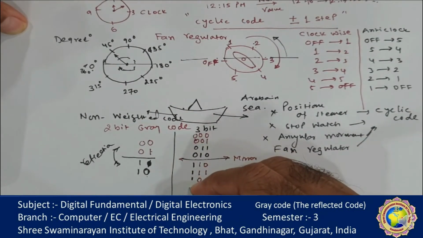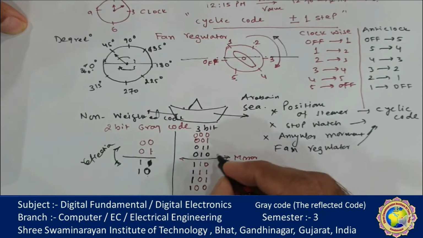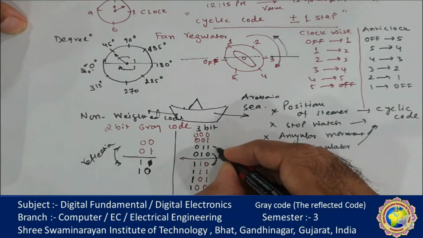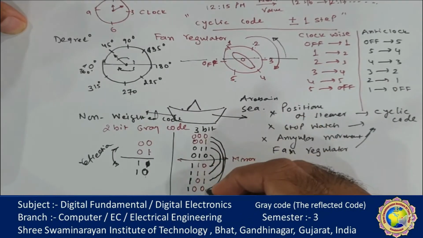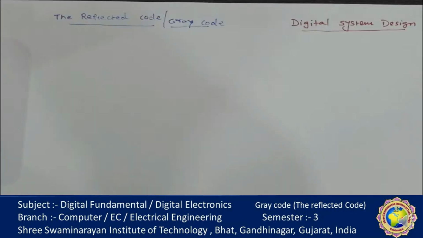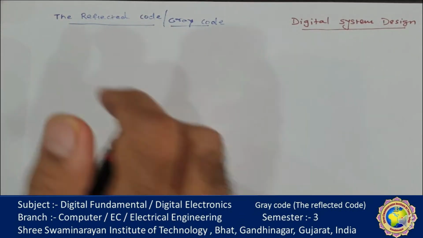So this is called a reflected code. In reflection, only 1 bit differs. So it's clear that the gray code is a non-weighted code and a reflected code.